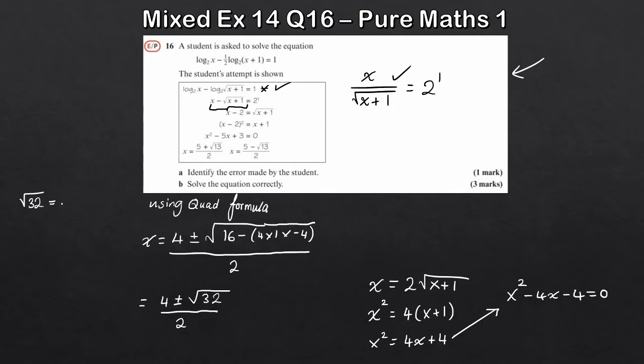So that will be root 16 root 2, so we could write that as 4 root 2. Okay, so this is 4 plus or minus 4 root 2 over 2. And then we can simplify that, dividing this by 2 and this by 2, it's 2 plus or minus 2 root 2.